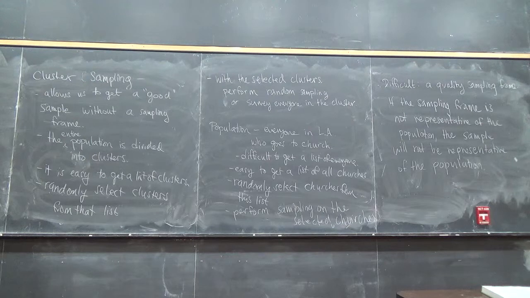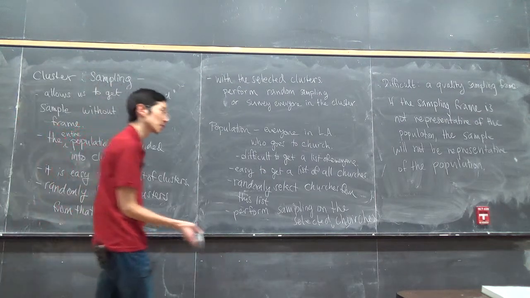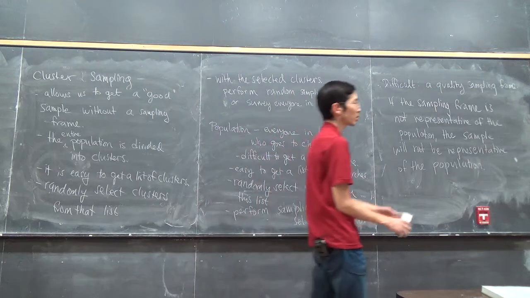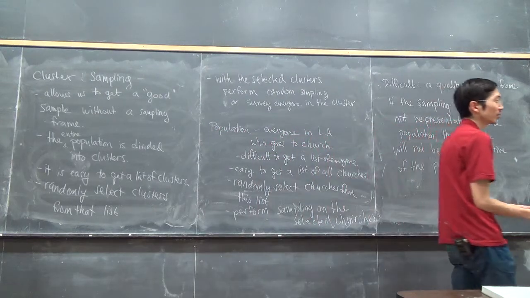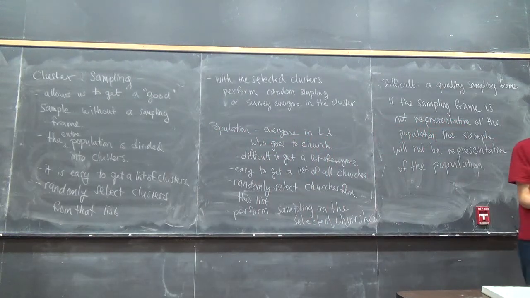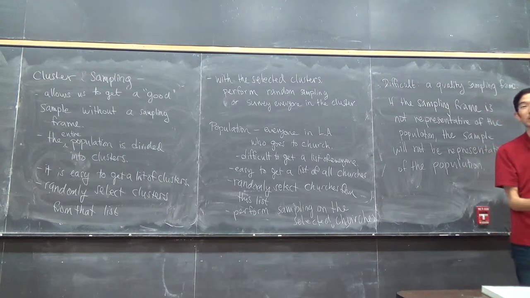The clusters don't necessarily have to be of the same size, right? Right, okay, so there is going to be a slight bias towards selecting an individual from a smaller cluster, okay?